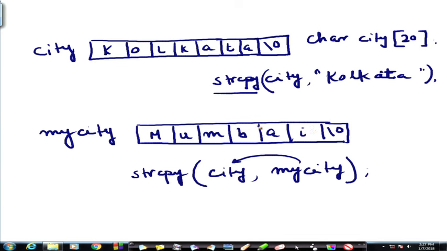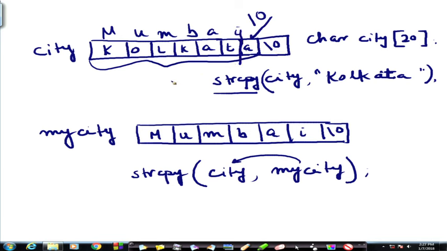As I copy this whole string over here, then Mumbai, M will come, U will come, M, B, A, I and this backslash 0 will come here. And so, the entire string will be kept here, up to this, with a backslash 0 here, and the remaining unused part of Kolkata will be lost.